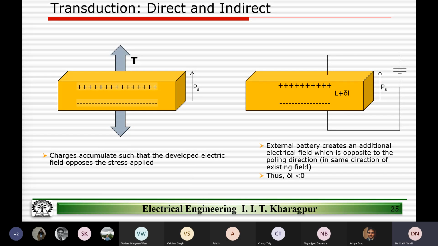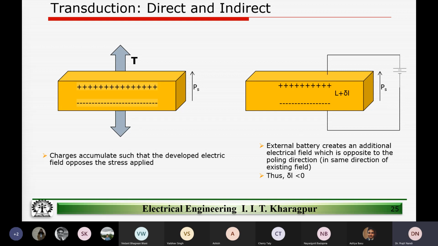But before that, we also saw how the charge varies when we apply a force or a voltage. Charge on the opposite faces of the piezoelectric material in which the material has been poled, right?